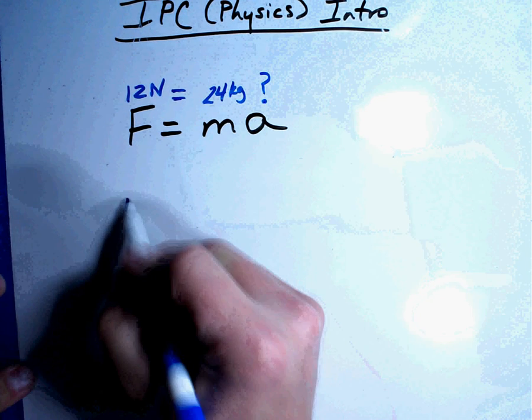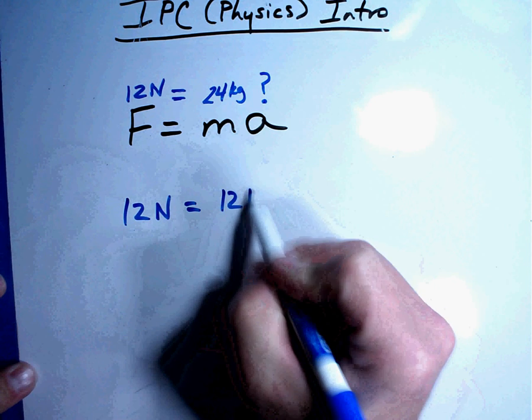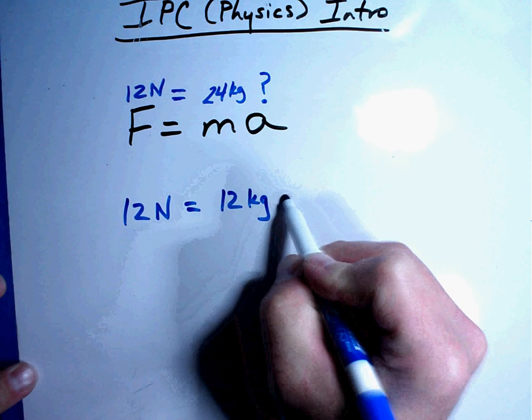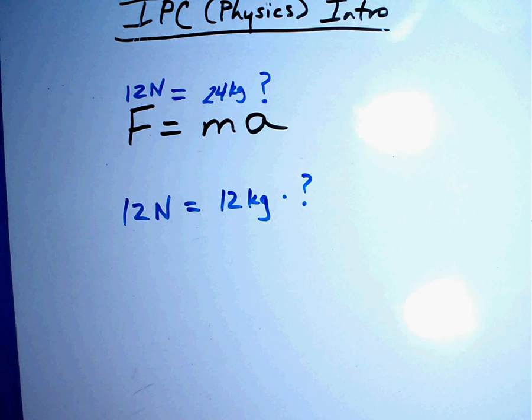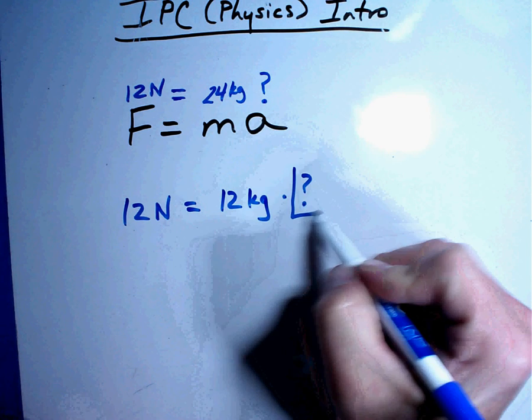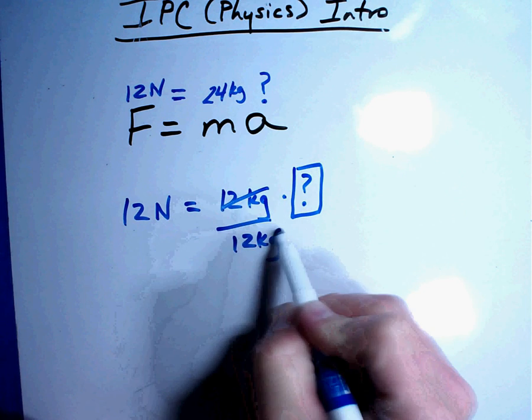The problem now is 12 N, that's just a unit, equals 24 kilograms times question mark. So if I want to answer the question mark, then I've got to divide by 24 kilograms.